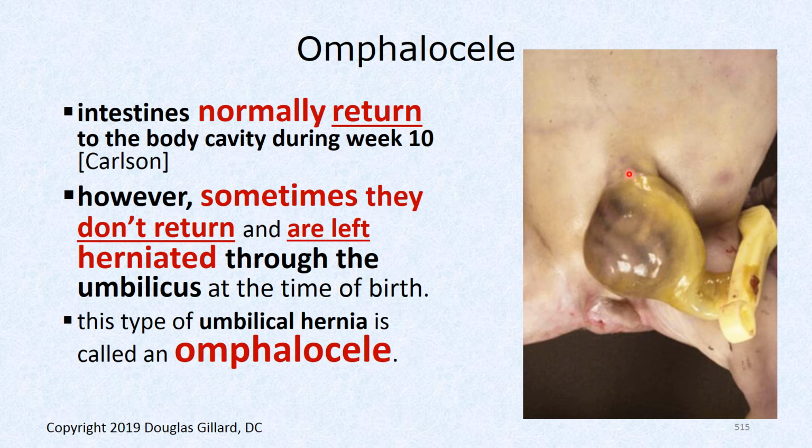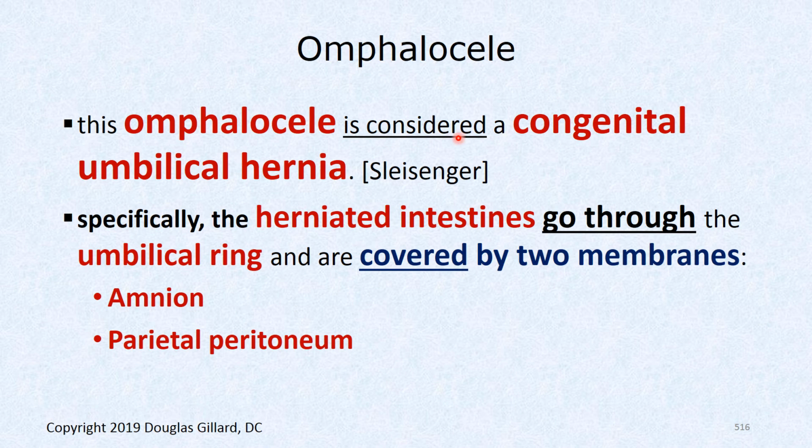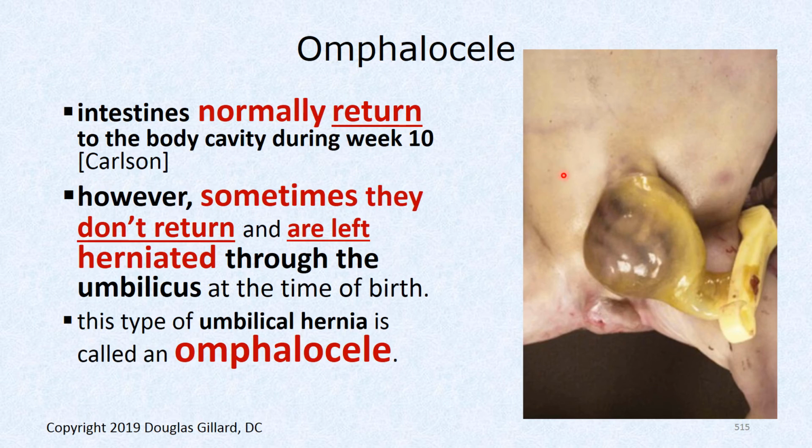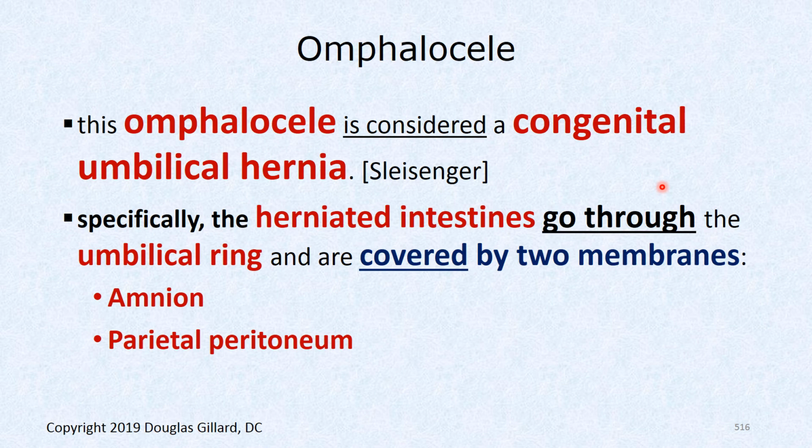But they need to travel back inside the cavity so that the umbilical ring can form and seal this off. So right now the umbilical ring can't close. Sometimes they don't return. If they get stuck out here at birth, you've got yourself an omphalocele. Okay, this is an umbilical hernia, but it's considered a congenital umbilical hernia.